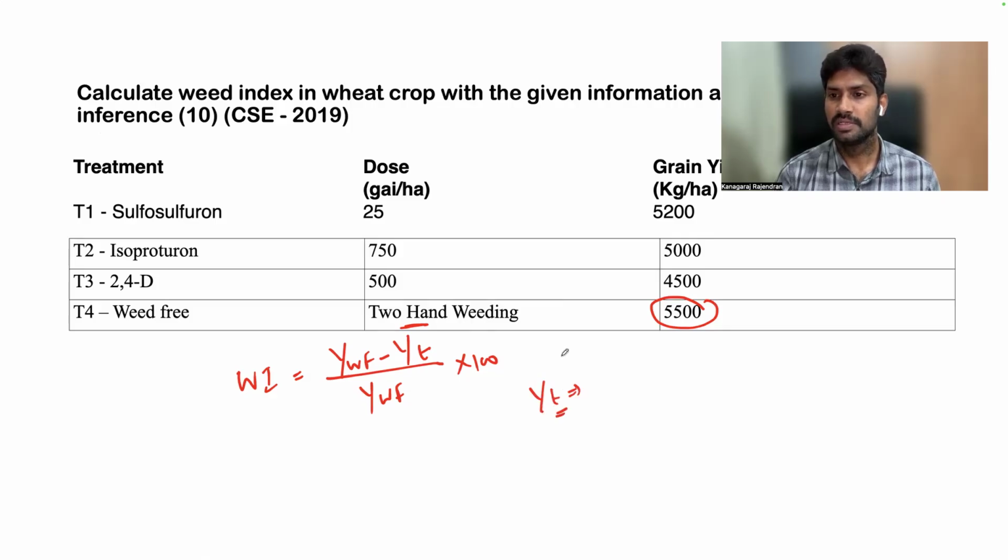Here the treatment means after giving treatment with any herbicides or any other weed control methods. So here we can take the herbicide application. In the treated plot, treatment 1 sulfosulfuron, treatment 2 isoproturon, and treatment 3 2,4-D. We can apply these figures here. We have to calculate the weed index for every herbicide separately.